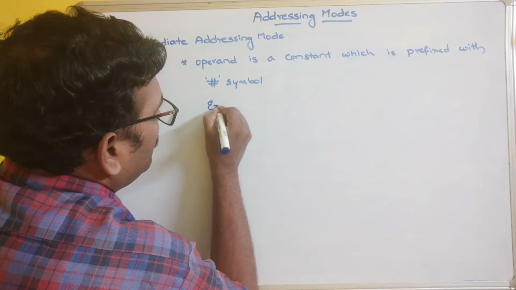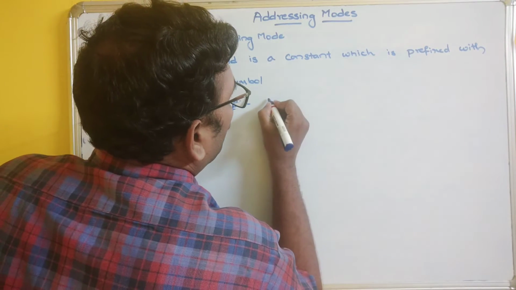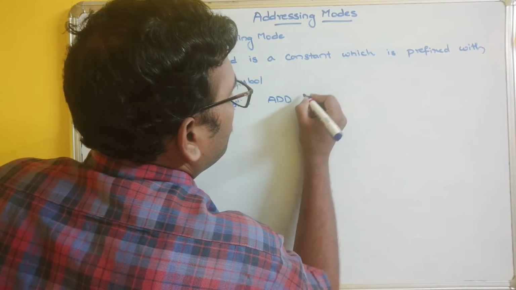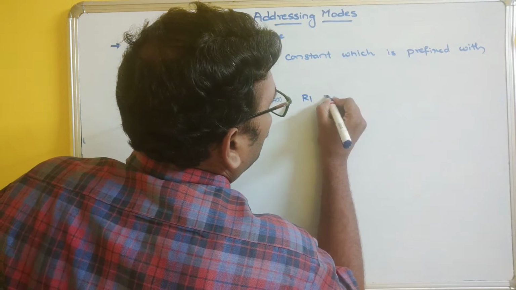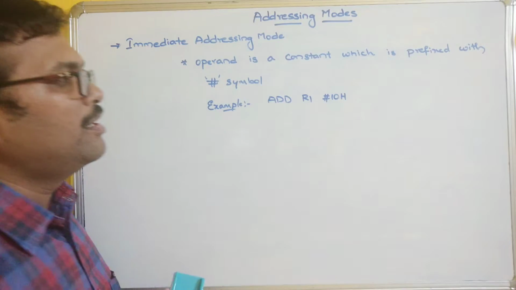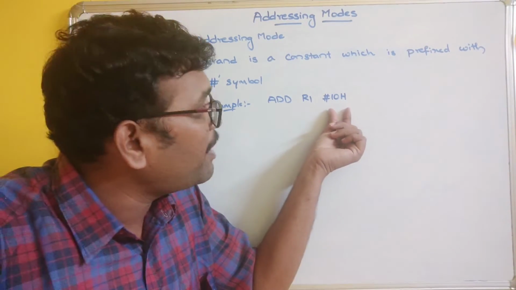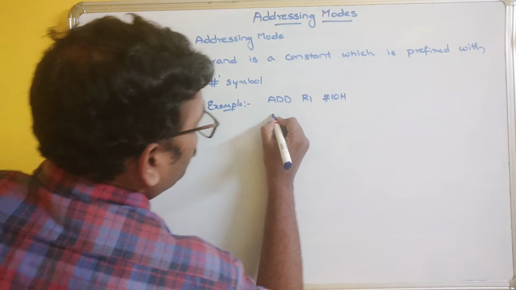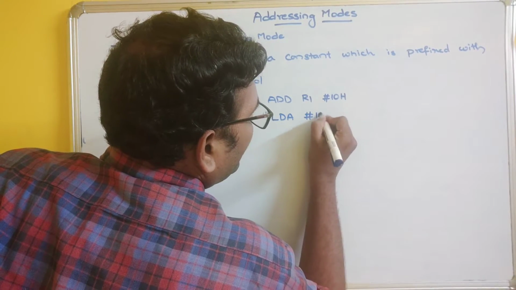For example, you can see ADD R1, #10H. So immediate means without any memory address, we are directly representing the constant. Otherwise you can also go with LDA #10H.